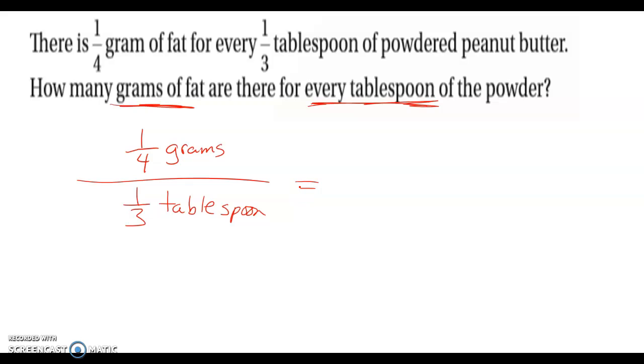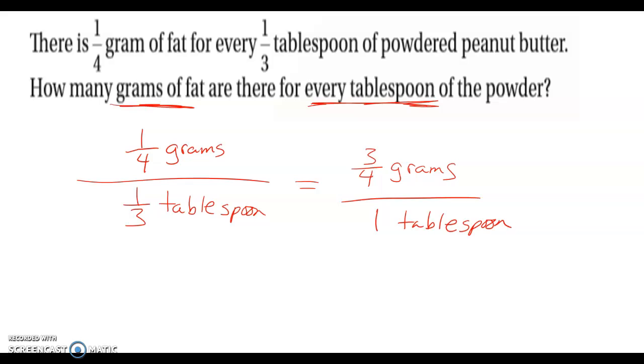So you're just going to do 1/4 divided by 1/3, and you get 3/4 grams per 1 tablespoon of the powder.